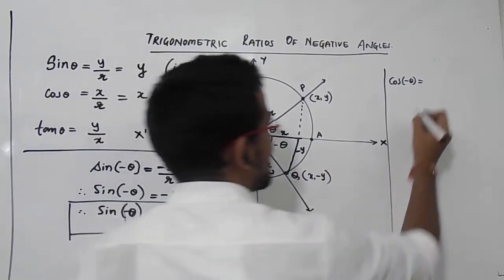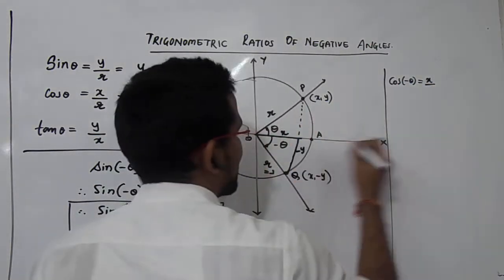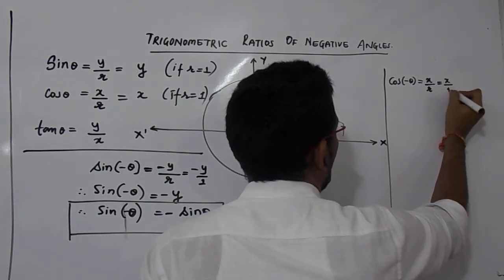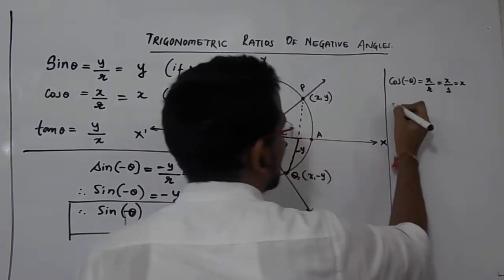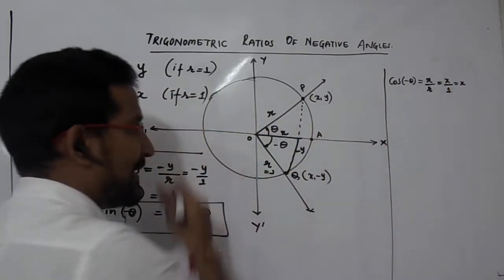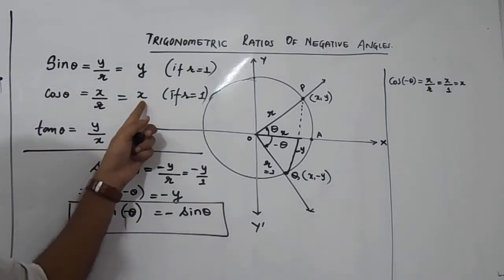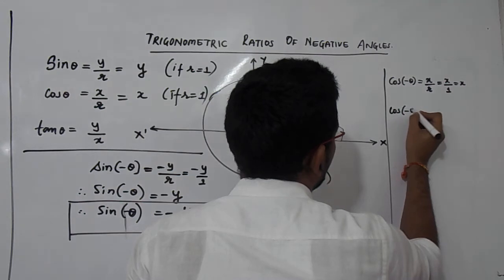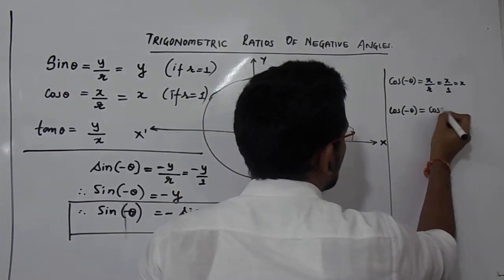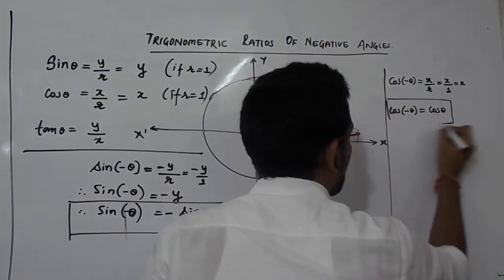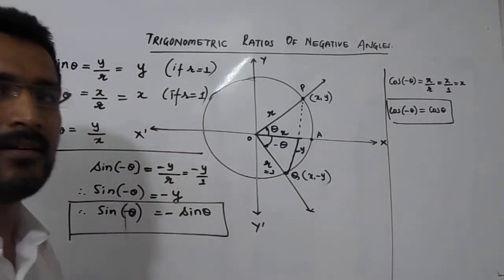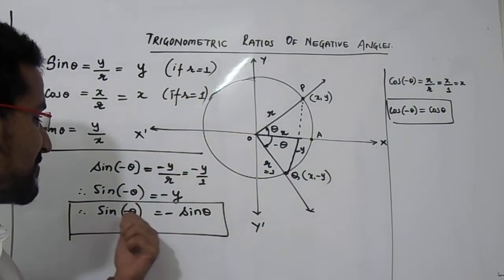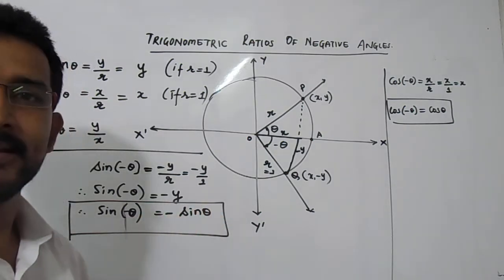Adjacent here is x upon hypotenuse, that is r. For the unit circle r is equal to 1, so it is equal to x. We have already seen that cos theta is equal to x, so in place of x I can write cos theta. So cos of minus theta is equal to cos theta. But in the case of sine, sine of minus theta is minus sine theta.